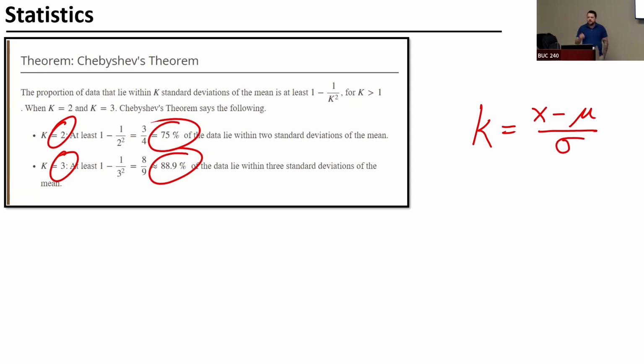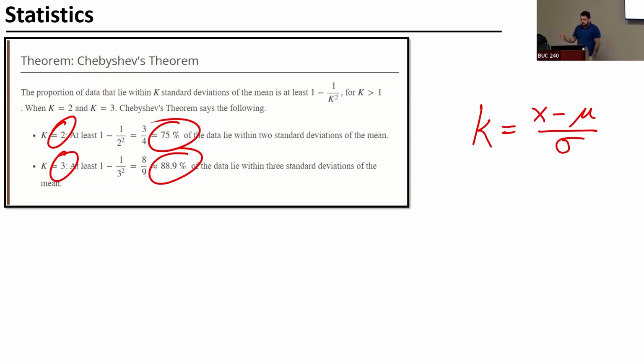Those are the only two things you got to remember. That is for this theorem only. You will know when you need to use it because on your midterm or even on your quiz, I tell you, using Chebyshev's theorem, tell me how much data, and so on and so forth. So you won't have to wonder. I will be explicit in what I say.